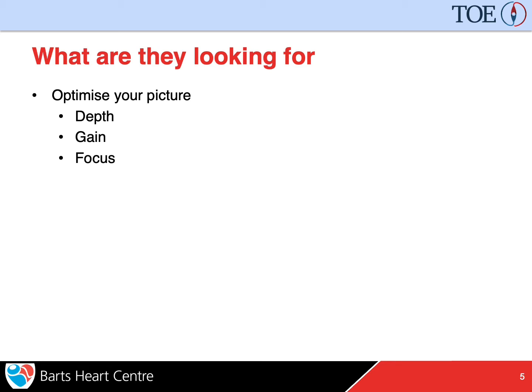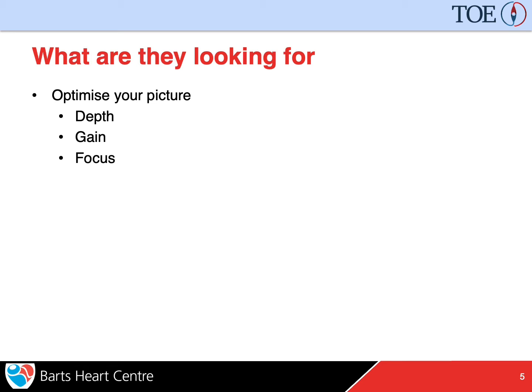There are a number of relatively easy wins, I think, about image optimization. So image optimization is key to a lot of this, and you should try and do this for every case, I think, but particularly for the video cases.